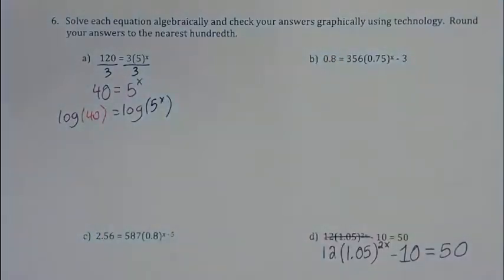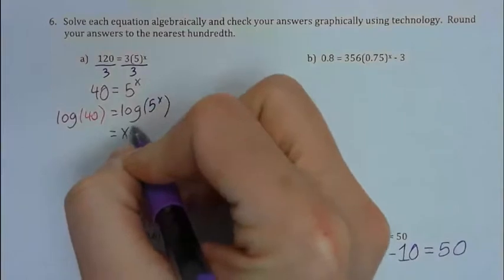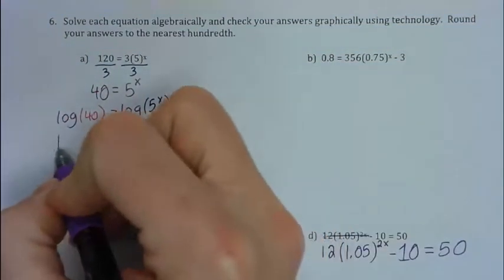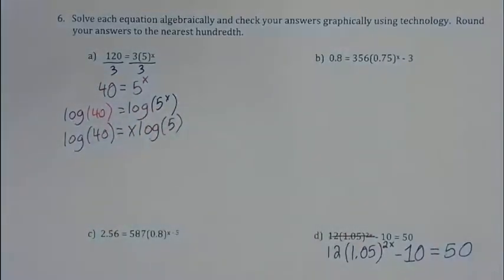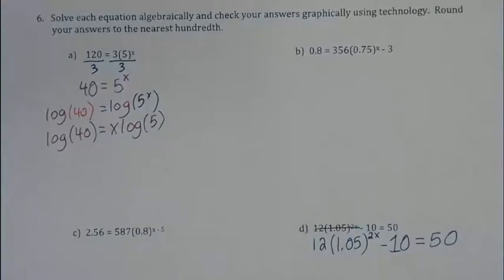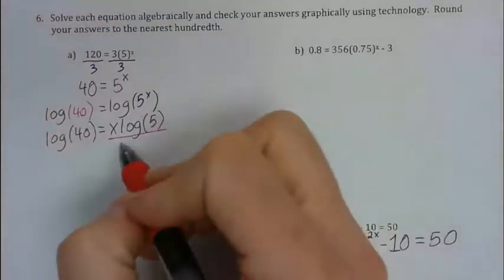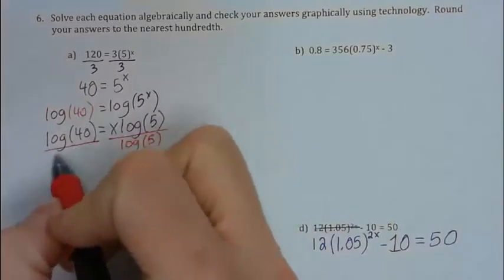Now that we have that, we can move the x to the front. So I now have x times the log of 5, and that is still equal to the log of 40. My last step would be dividing both sides by the logarithm of 5.